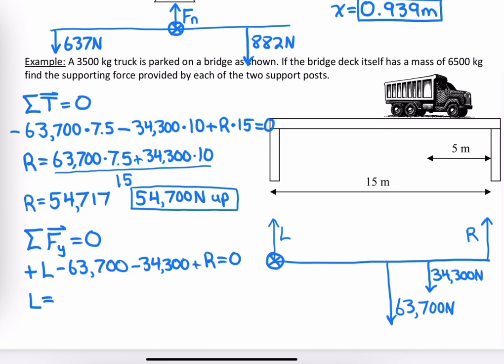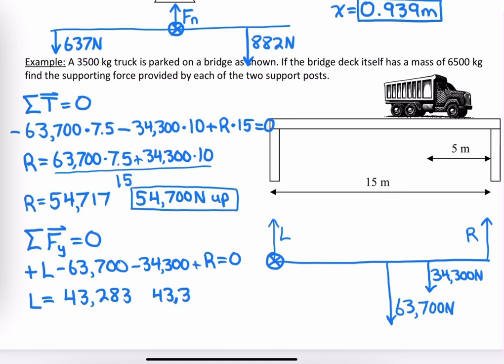And now I'm able to calculate that L is equal to 43,300 newtons if I round it to 3 sig figs. 43,283, so 43,300 newtons, and L was also in the upward direction.